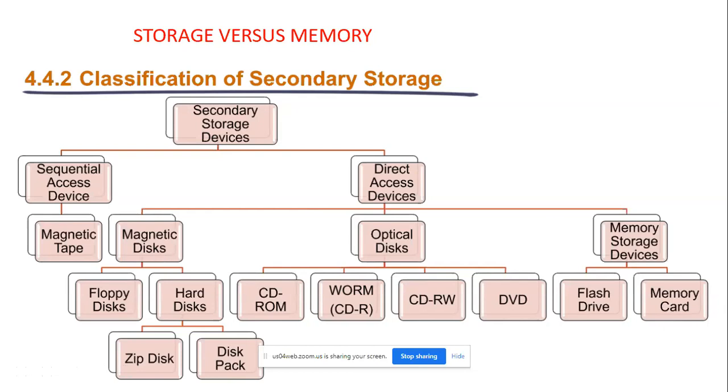Now let's pay attention to this memory storage device. This can be divided into flash drive or memory card. Your optical discs can be divided into CD-ROM, which I believe you all know, your CD-R, your CD-RW, and your DVD. Then for magnetic disks, we have your floppy disks. I don't know if you know floppy disks. This is what we used to store information in the olden days. Then we have your hard disks, which can be divided into zip disks and disk pack.